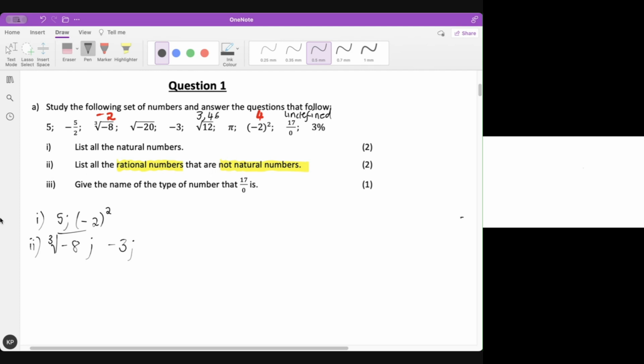Are you with me? So undefined means we don't know what happens. We don't know what happens when you divide by 0. Because when you times by 0, you get 0. But I mean, dividing by nothing, do you guys get what I mean? So there's no definition, so we cannot say it is rational. What about 3%? Is 3% rational?